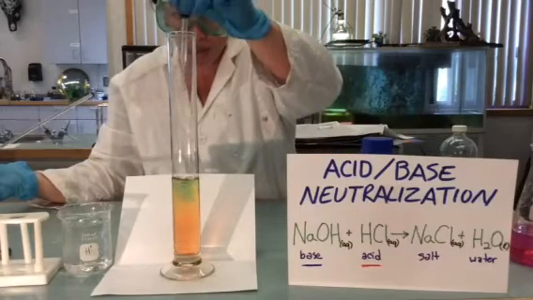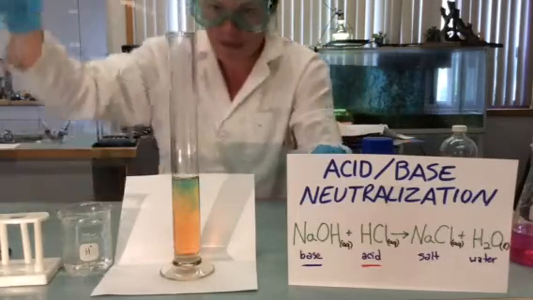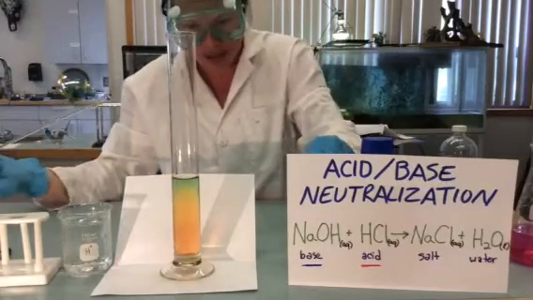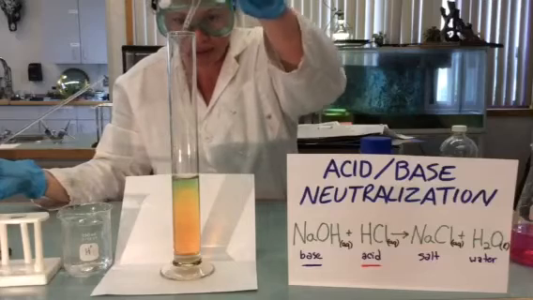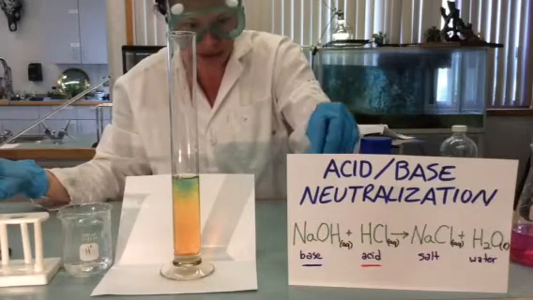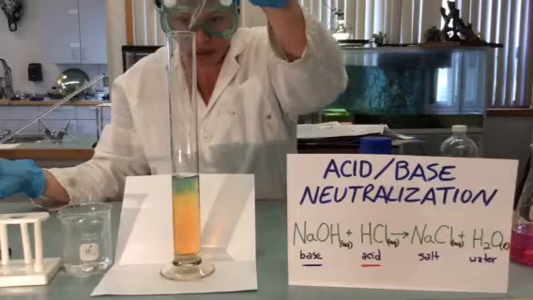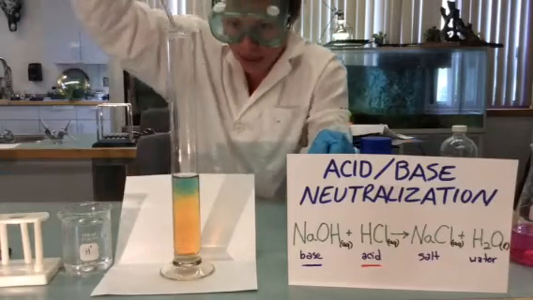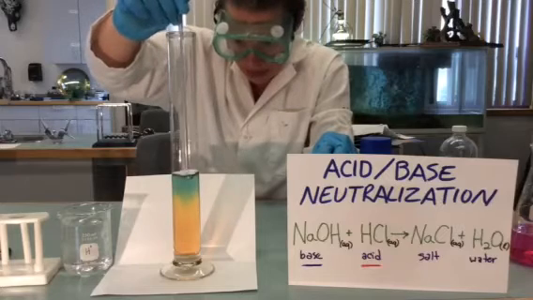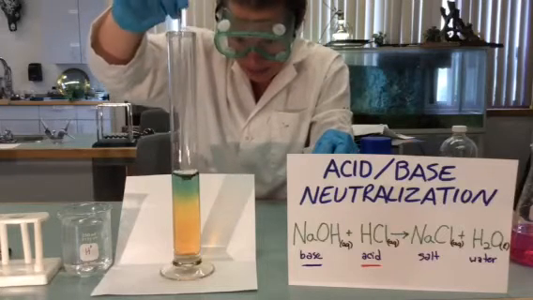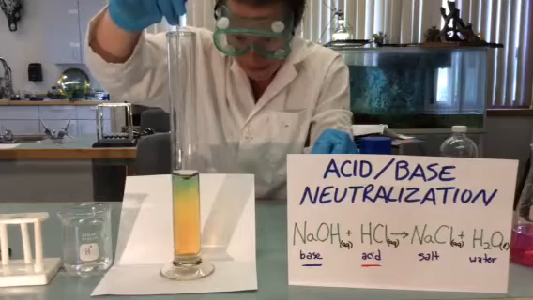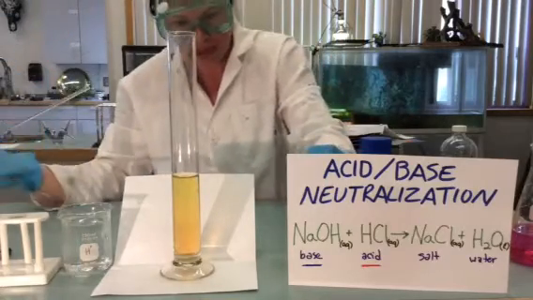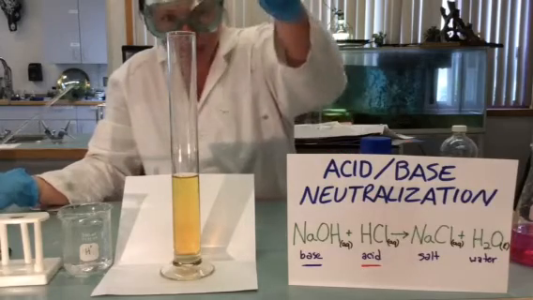If we overshoot, I guess we can just add some more acid. Looks like we're still on the acidic side of things. If you guys were here, I'd be telling you to tell me when to stop. But I'll just have to try to manage it on my own. Still going. So you can see that the pH has changed.